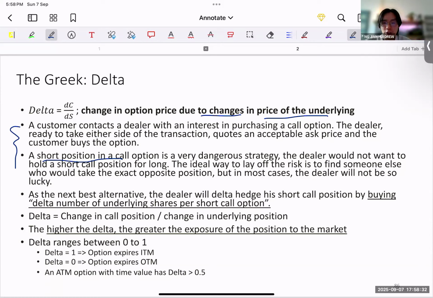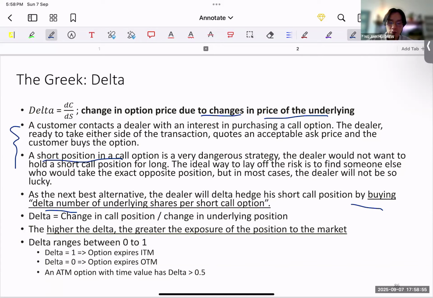And one way to cover a call option is to do a delta hedge, meaning that you buy X number of shares equating to the short position that you have taken. This number of shares is given by this thing called delta.